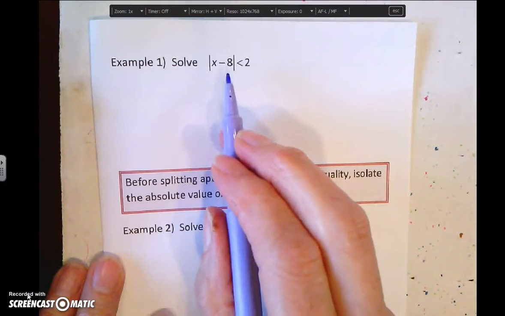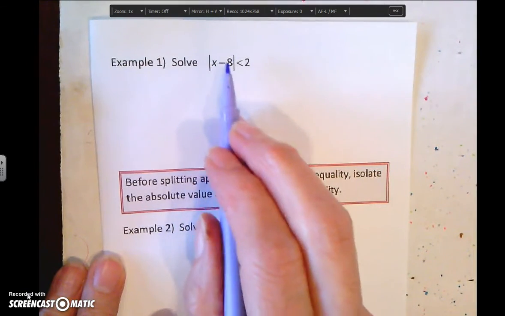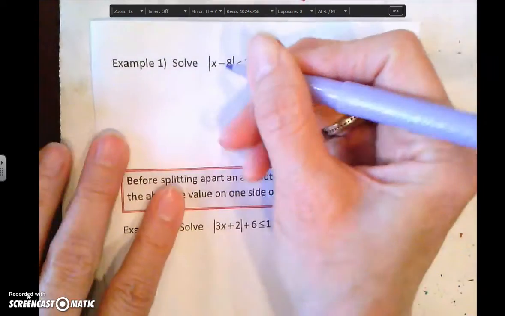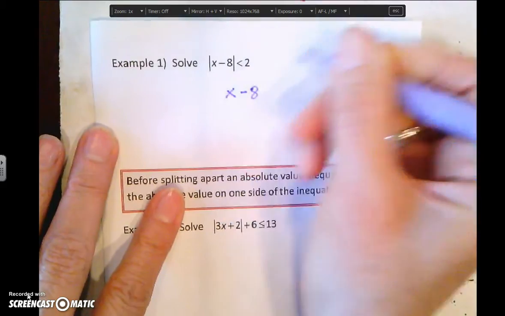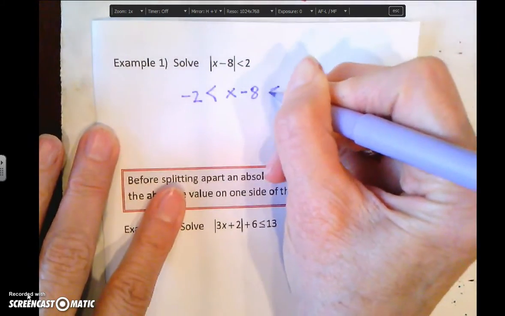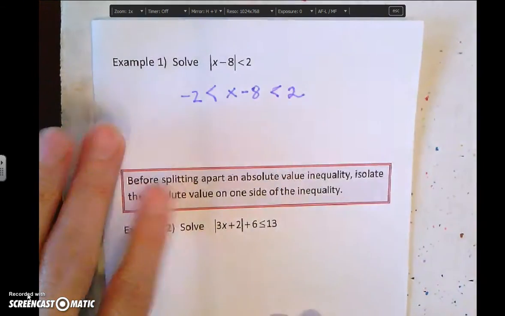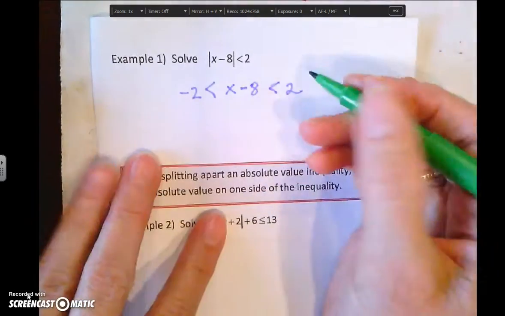All right, so let's set this one up. So remembering our pattern, I've got the absolute value. This is my big X, is less than 2, and whatever's on the inside, so this expression, x minus 8, is going to be bigger than -2 and less than 2, and you want to start it in this way. So put the inside of your absolute value in between the negative and the positive.